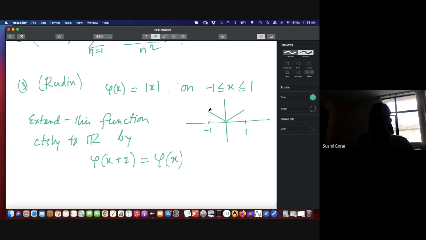So your value here is the same as the value here, and the same value here would be the same value here, something like that. So at 1 it would be continuous, so it will be something like this. So the extension will be something like this.